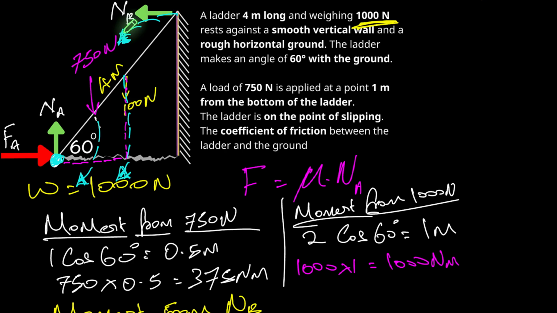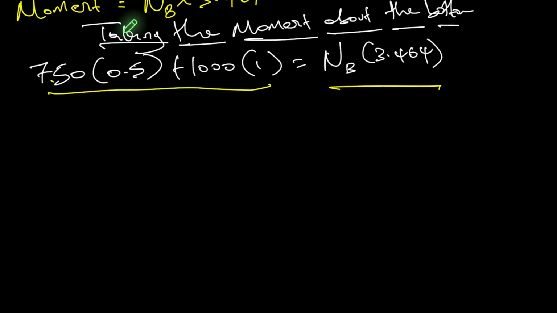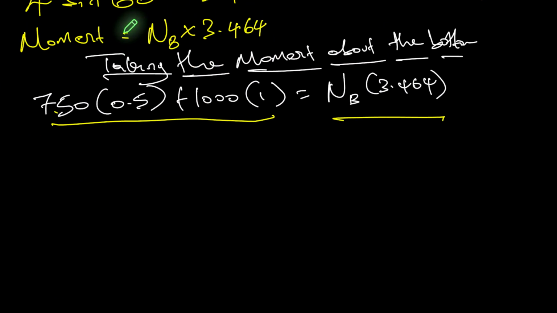So when we sum these, we can say clockwise moment should be equal to counterclockwise moment. That's why on one side we have the 1000 times 1 and the 750 times the other value that we got there. So now that you understand that bit, we can solve here.